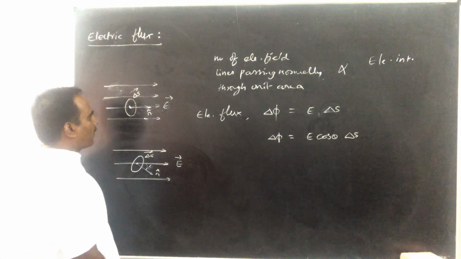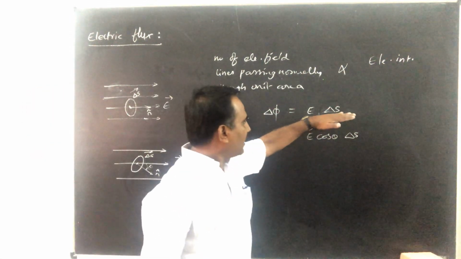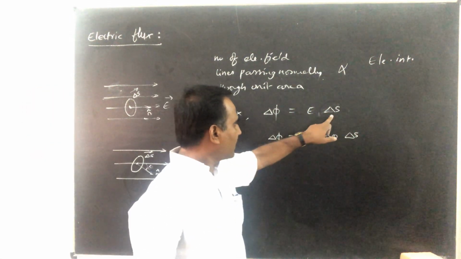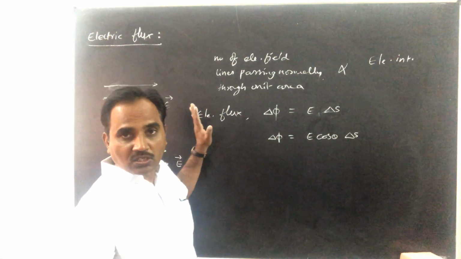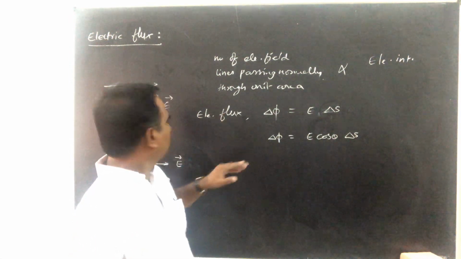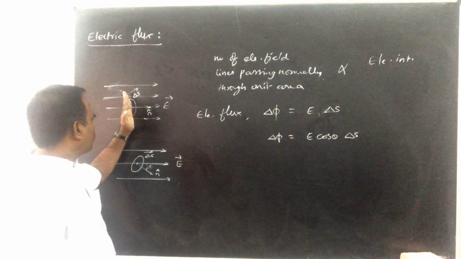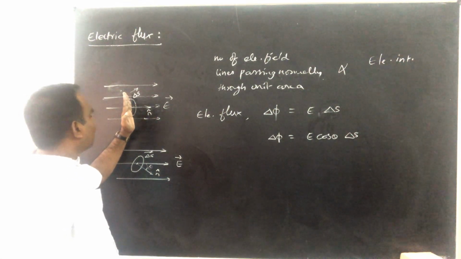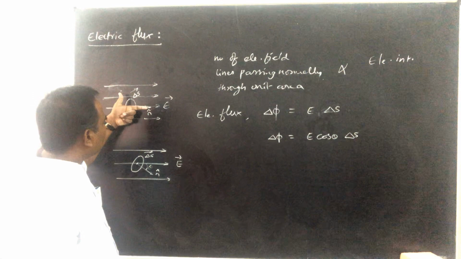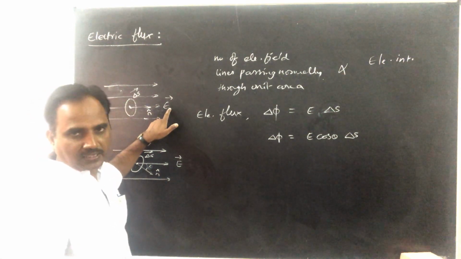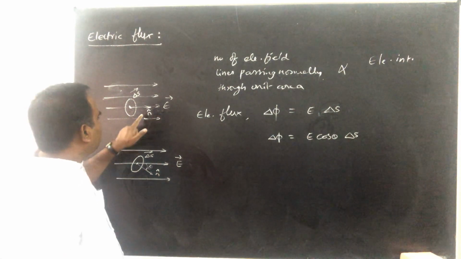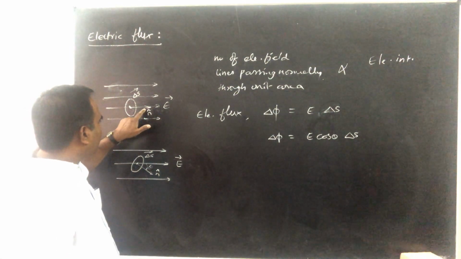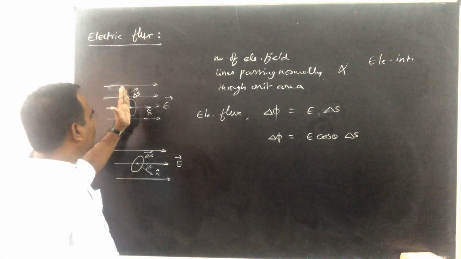So you can write the expression for electric flux like this. If the electric field is normal to the area, or the area vector is along the direction of electric field, because the direction of this area vector is always perpendicular to the area.